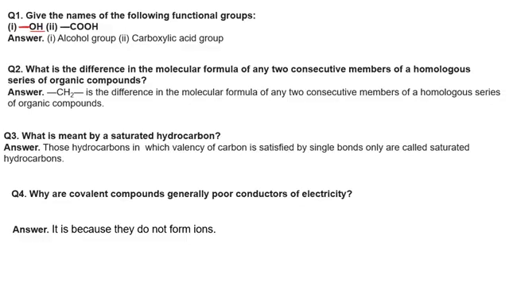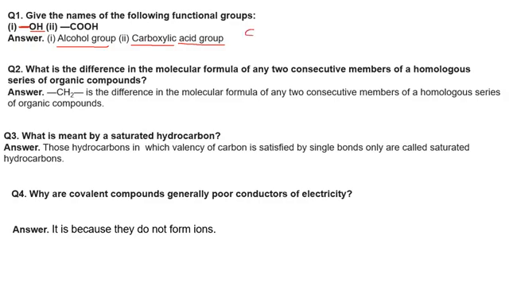OH, as we all know, is the alcohol group, right? And COOH stands for the carboxylic acid group. And what about the structure? If someone asks you the structure, how are you going to write it?